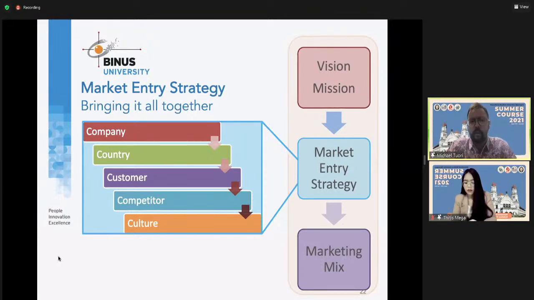We limit the features because the customers don't need so many features, maybe, or they're less accepting of new technology, or their purchasing power is lower. Maybe we add features because they have a higher purchasing power and need more features, right? We can change our product based on our competitors, based on the culture as well.